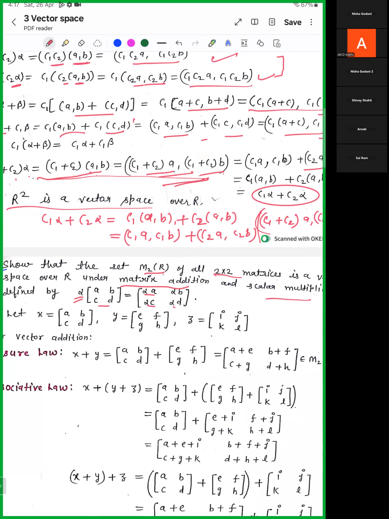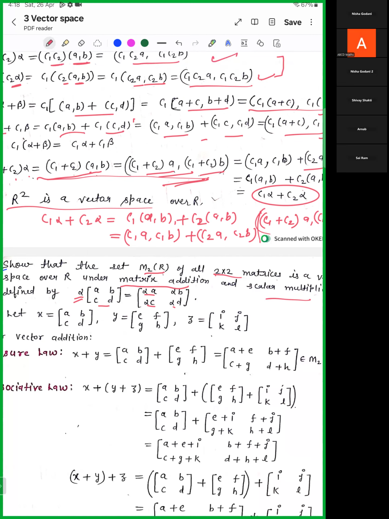So see, when you study vectors in physics or other places, now we are generalizing for matrices of order 2 cross 2, or we can also do this for matrices of order n cross n. So now the elements here are matrices. In the previous example, the elements were ordered pairs in R2. Now here we have matrices.